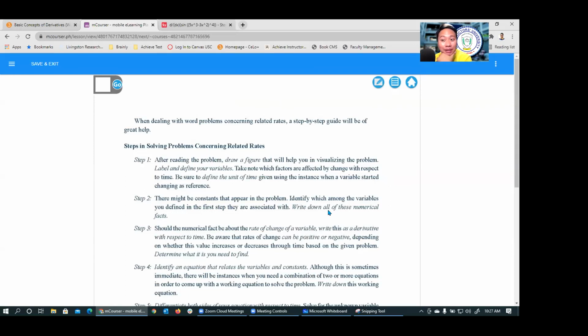Let's say for example 50 steps per minute for the boy, and the girl 30 steps per minute. That is their velocity. And then you're going to ask how fast they walk away from each other.